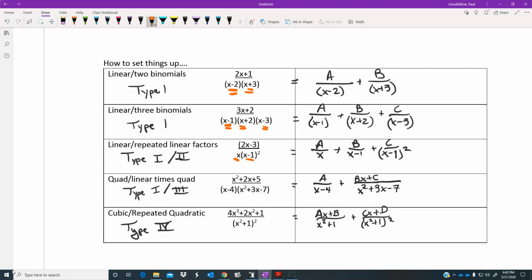The fourth one down here, a type 1 for the front, that's why it's just A. But the second part is a non-factorable quadratic, so it deserves the Bx plus C for that factor. And then the last one is a type 4 because it's a non-factorable quadratic, but it's got the repeater on it, which generates 2 of the repeater type answers for the prime quadratic style.